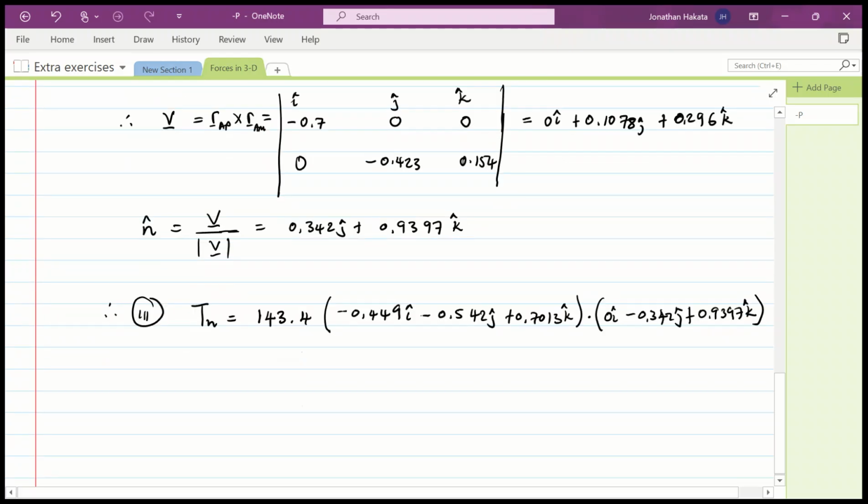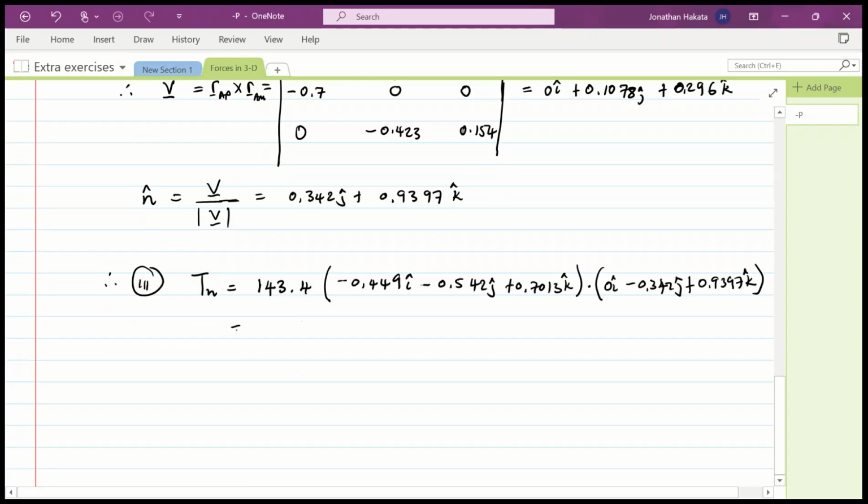Now, this is equal to, we can bring down 143.4, but if you do the dot, I dotted to I, because I dot J and I dot K will be zeros. I dot J will be 0, I dot K will be 0, because the angle between them is 90, so cos 90 will be equal to 0.